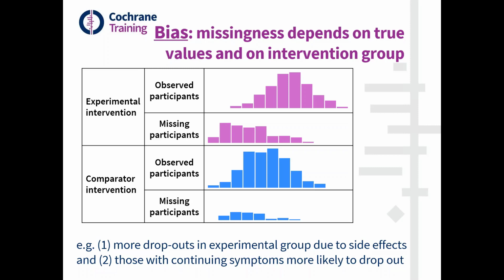As an example of this, we may have missingness depending on the intervention group, because if it's a drug, we might get side effects and people might leave the study if they experience side effects. If we combine that with the general tendency for people with more dementia to be more likely to drop out, then this is the picture we would see, and we would have a biased estimate if we used only the observed participants compared with if we had everybody's outcome measured.